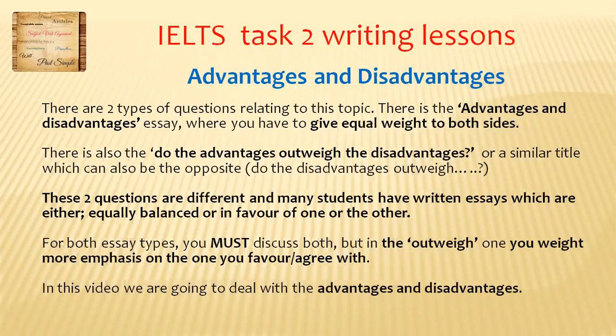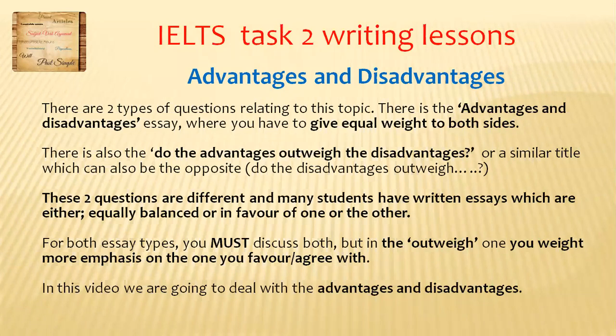Today we're going to look at the structure of another Task 2 writing topic. The type is the advantages and disadvantages essay. There are 2 types of essay relating to this topic.